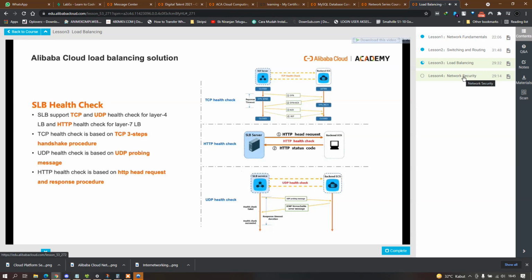And if it responds with status codes like 404 or 503, this kind of abnormal status code means that the backend ECS instance is not working normally. So this is how HTTP health checking works.